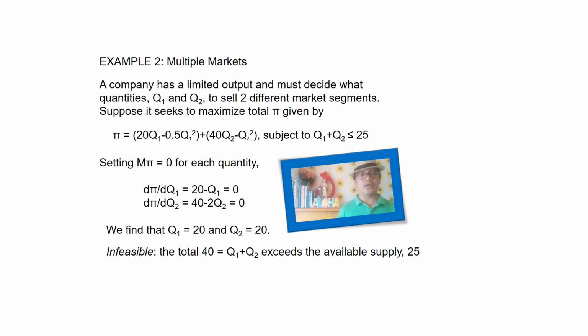We find that q1 equals 20 and q2 equals 20. But these desired quantities again are infeasible. The total 40, equal to q1 plus q2, exceeds the available supply, which is 25.